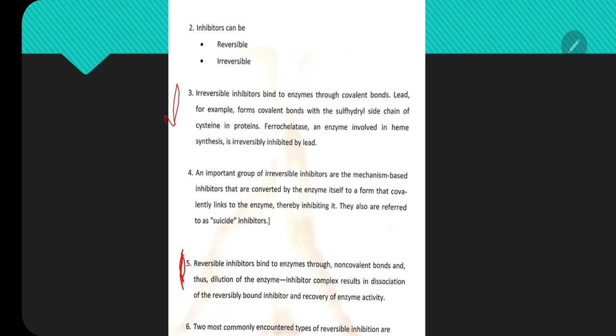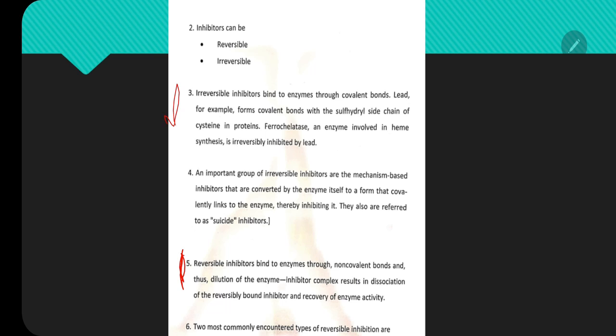Further, we can divide these into competitive and non-competitive inhibitors. If you go to your Lippincott book, page 60, it has given very nicely the effect of competitive inhibitors on Vmax, the effect on Km, and the effect on the Lineweaver-Burk plot. You can go through there.